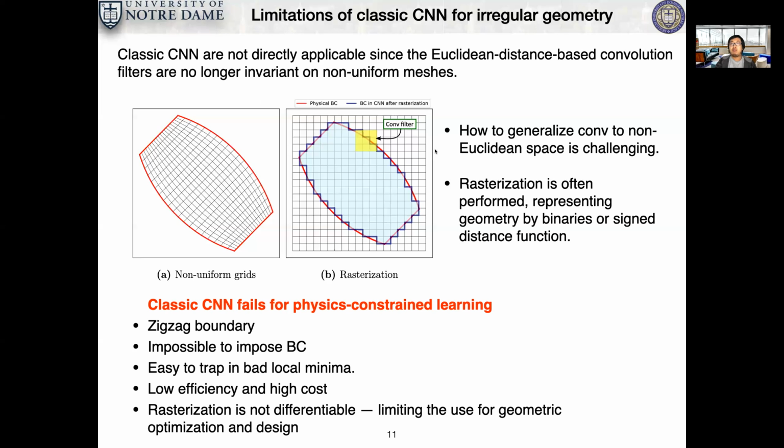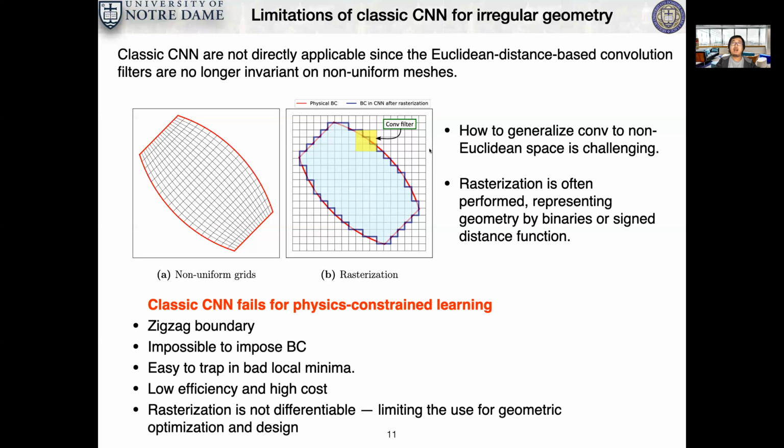Although sufficiently high resolution can reduce the representation error and alleviate some of the mentioned issues to a certain extent, it will significantly increase the training costs and memory issues.